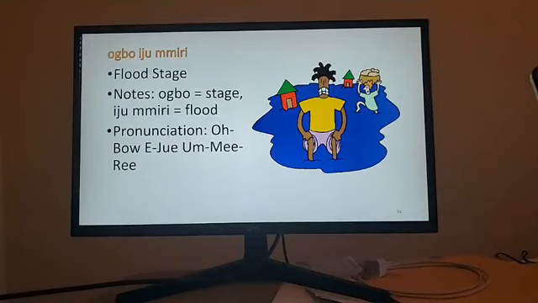And again, most of the time, 99.9% of the time when dealing with Igbo, just like you would with Spanish, you put the subject and the description after the fact. So in order to say flood stage, you actually have to say stage of flood in Igbo. So that's what we're going to do. So you would have ogbo, E-Jue Um-Mee-Ree, flood stage. Again, ogbo, E-Jue Um-Mee-Ree, flood stage.